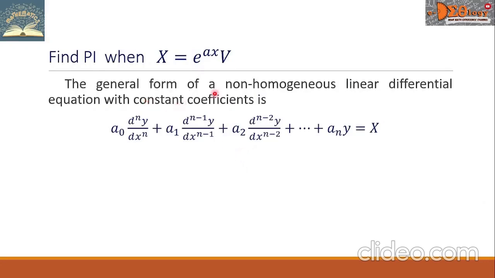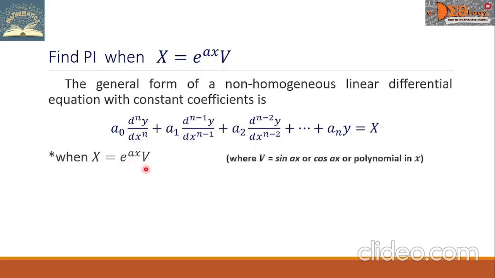The general form of a non-homogeneous linear differential equation with constant coefficients is this equation here. Now, when the right side, capital X, is equal to e raised to ax multiplied by a function V, take note that the V here is either sine ax, cosine ax, or a polynomial in x.